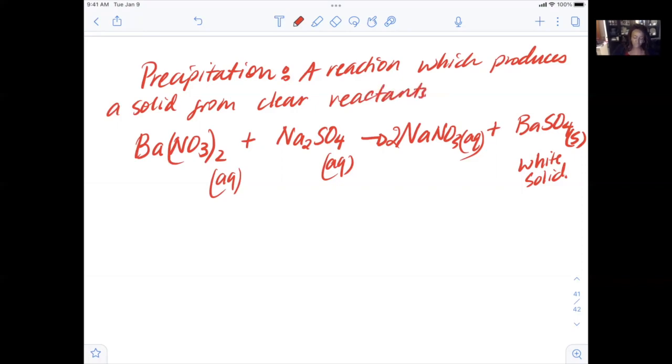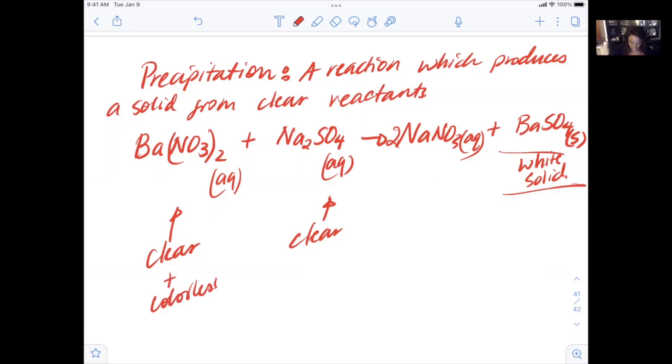A reaction which produces a solid, a white solid here, from clear reactants. The reactants start off clear. When we say clear here, we mean not solid. The color doesn't really matter. The clarity we're talking about is that there's no precipitate, nothing floating in there, just clear. Color is not important, but they happen to be clear and colorless, both of them. But when you mix them together, all of a sudden you get a white solid.